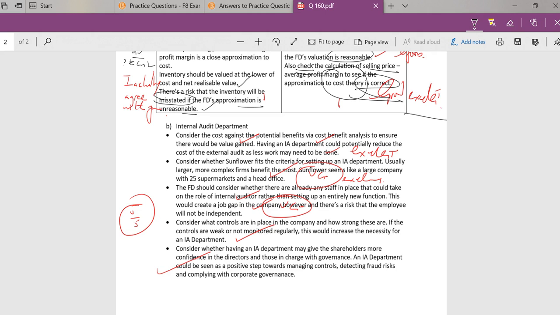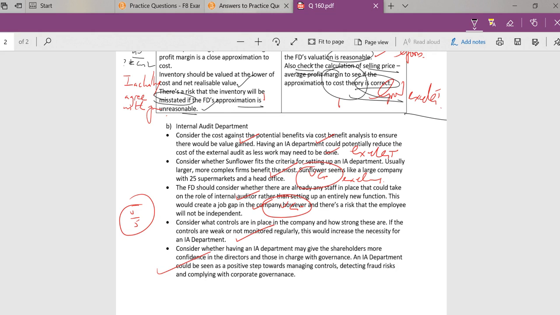What is there in terms of it acting as a deterrent, the culture in the place. Consider where internal audit may give the shareholders more confidence. Yes, positive steps to managing controls, detecting fraud risks. So all very strong answers. Whether there's already, where they need to know, are they going to have to bring someone in? Do they have staff in place?